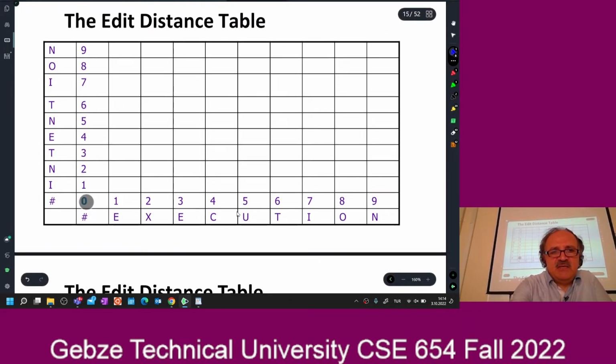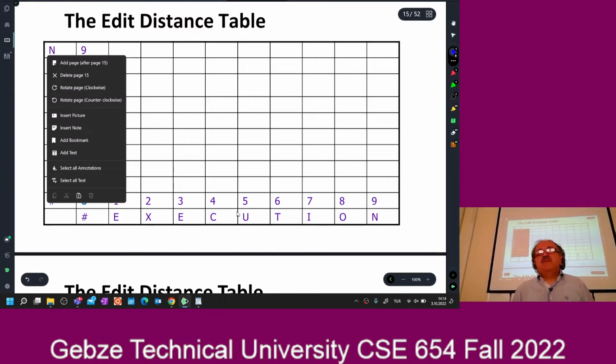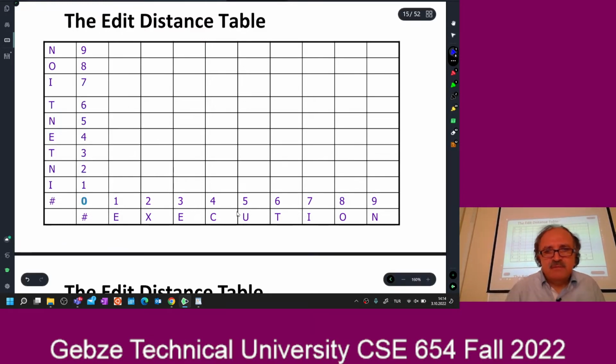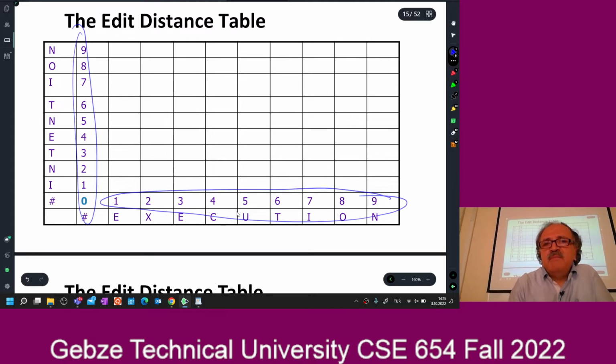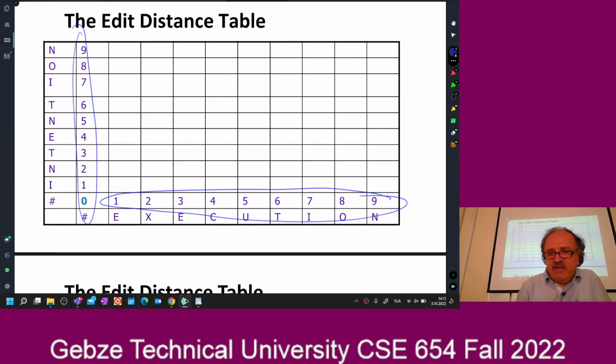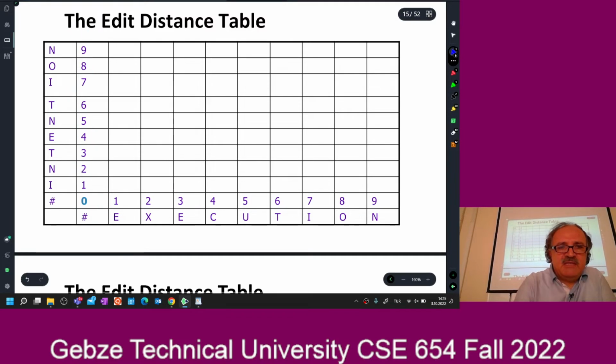I know this is 0. The edit distance between two null strings is 0. And by default, without making any calculations, I can write 0 to 9 and 0 to 9. By pure luck, intention and execution both have 9 letters. They don't have to be equal size.